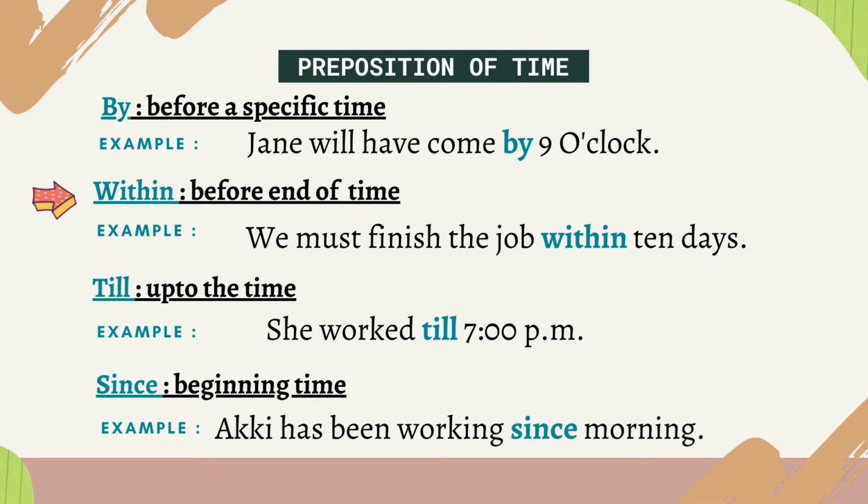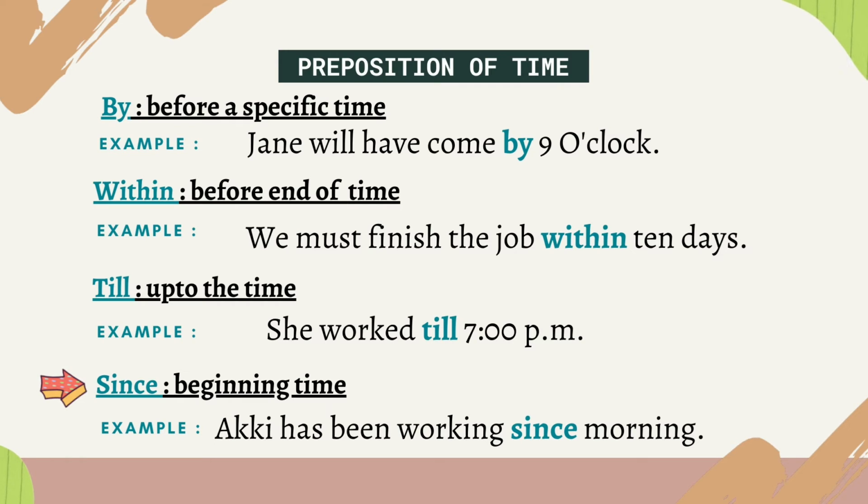The example says, we must finish the job within 10 days. That means before 10 days. Next comes till. Till shows up to the time. The example says, she worked till 7 p.m. That means up to 7 p.m.